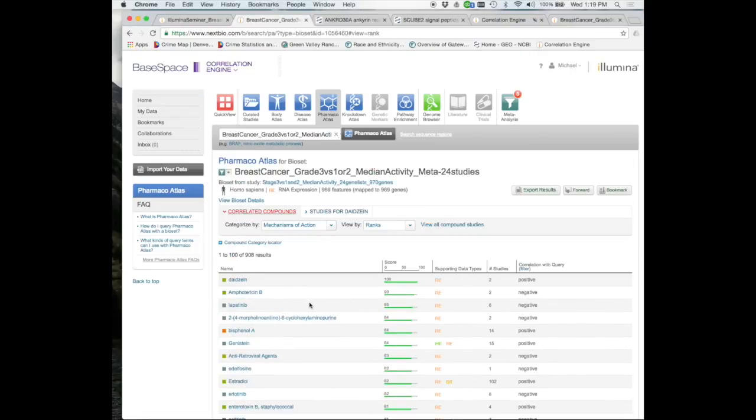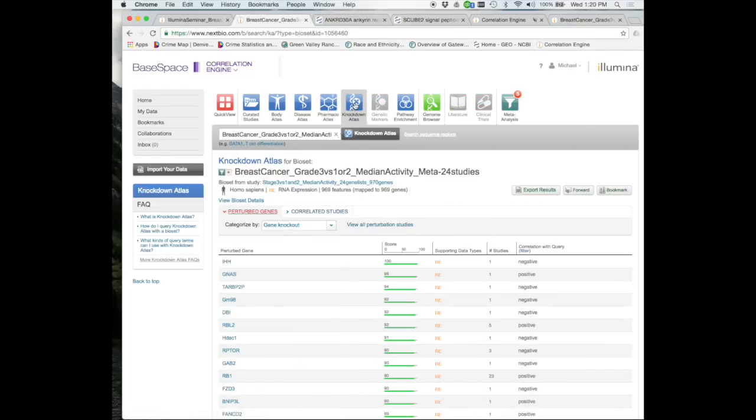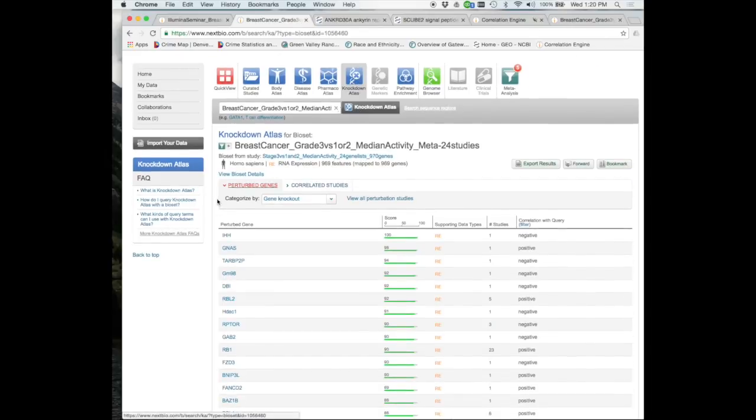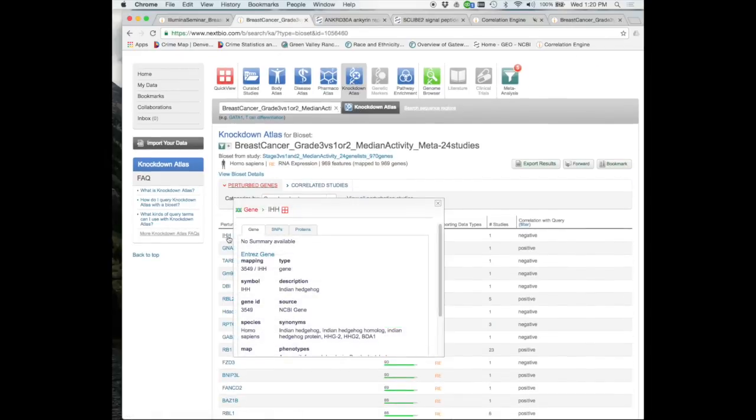Let me do one more thing here, and then I'll do two more things. You can also do knockdown atlas. What this does is it has all these different knockdown studies deposited into Illumina. And it knows that when it knocks this gene out here, what is this? Indian hedgehog, right?